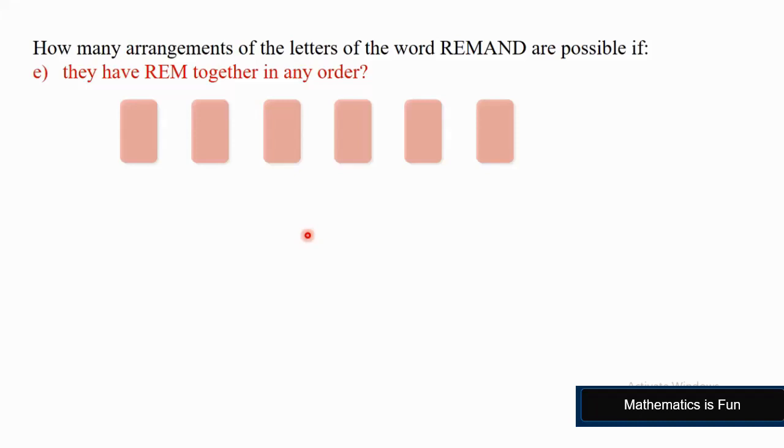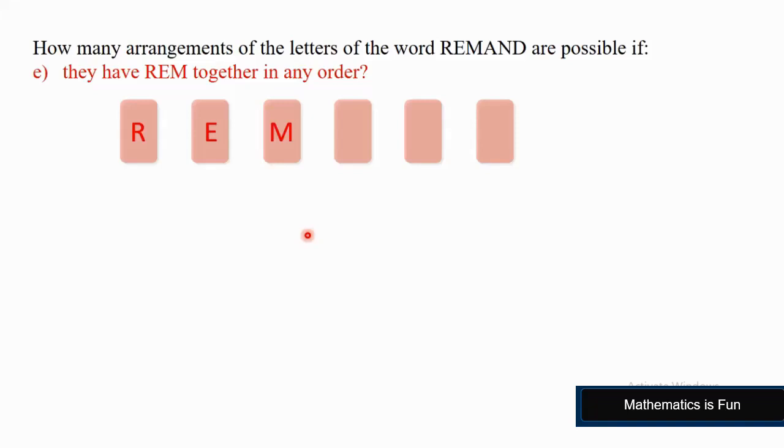How many arrangements of the letters of the word REMAND are possible if they have REM together in any order? Here REM have to be together but in any order. So it can be ERM, MRE, and so on.